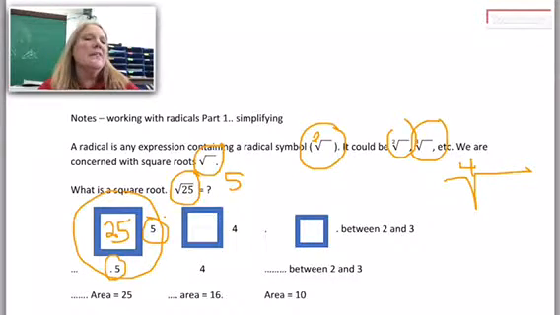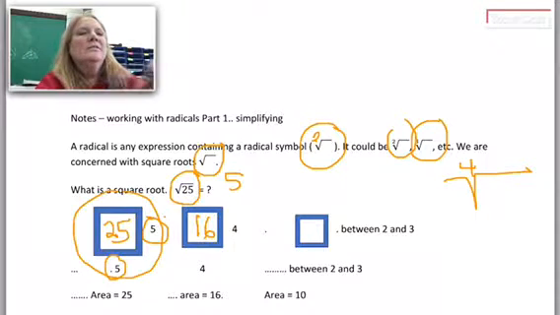We're actually looking at the area of a square, and we're looking for two integers that are the same, that multiplied by each other give you the area. So in the second one here, the area is 16, and so the two numbers that multiply together for the side of that square is 4 times 4.